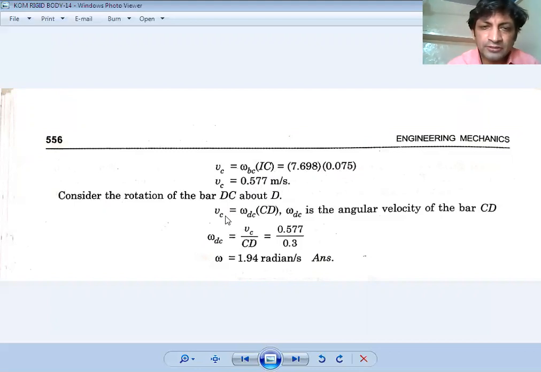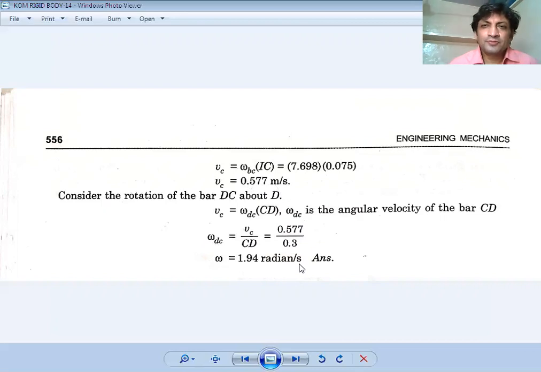From VC we can calculate omega DC, considering the rotation of bar DC about D. VC is equal to R omega, with CD as the radius, which is given to us. So omega DC is equal to VC upon CD. VC is 0.577, calculated above, and CD is given. So omega DC is equal to 1.94 radian per second.